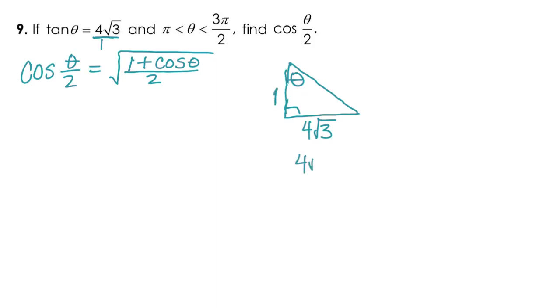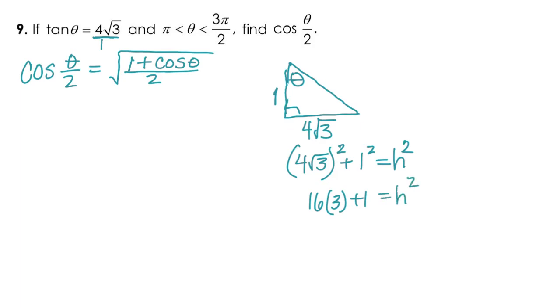So we have 4 root 3 squared plus 1 squared equals your hypotenuse squared. So that's going to be 16 times 3 plus 1. So 48 and 1, so 49 equals hypotenuse squared. So your hypotenuse is 7. So now we have everything we need to fill this in.